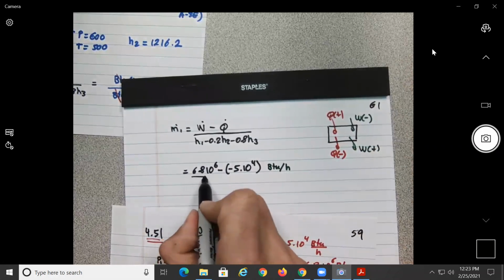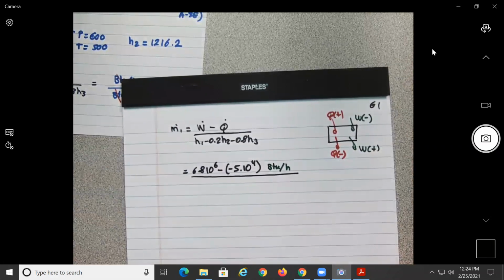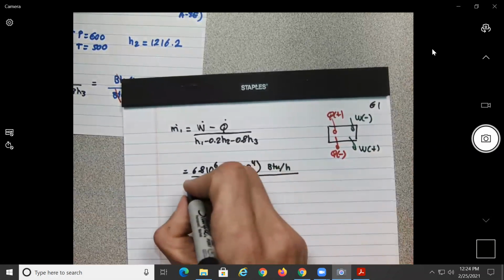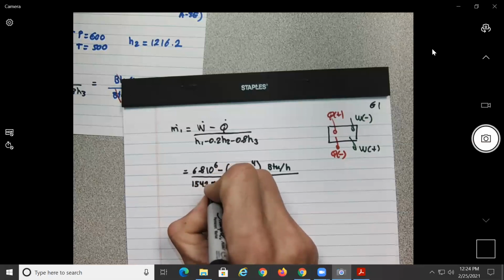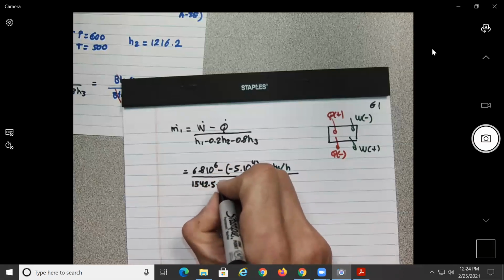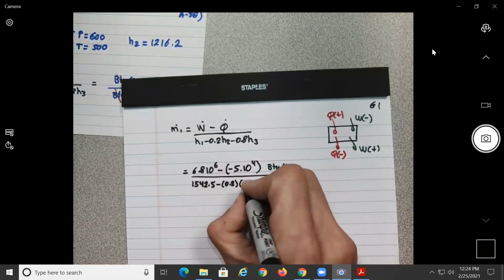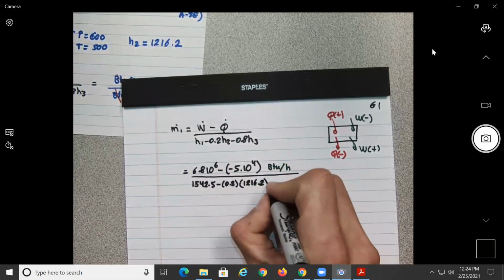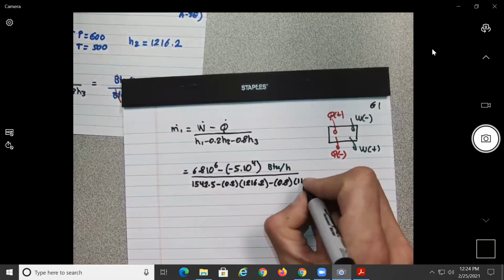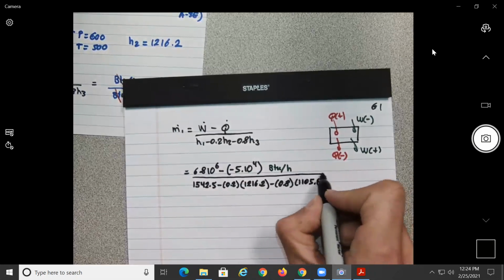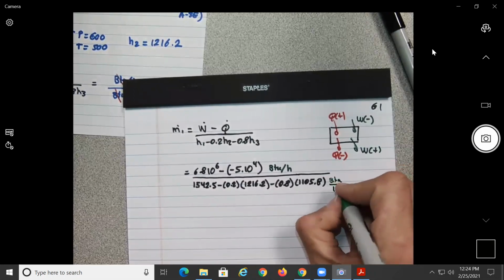At the bottom we have H1, that was equal to 1542.5, minus 0.2 times H2, that is 1216.2, minus 0.8 H3, which is 1105.8. And this one was in BTUs per lb.